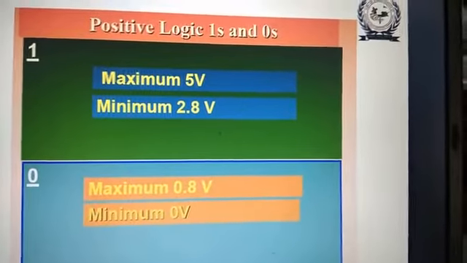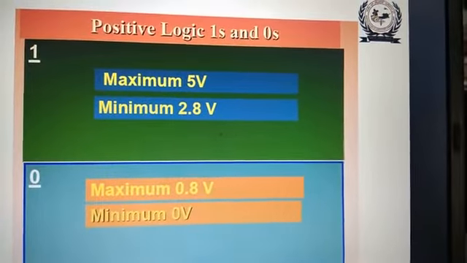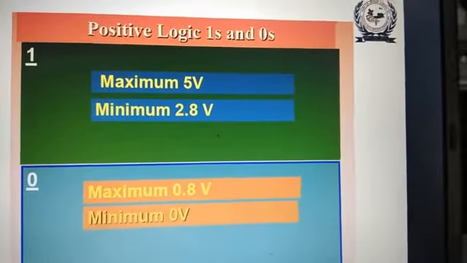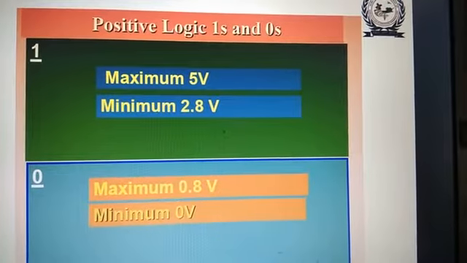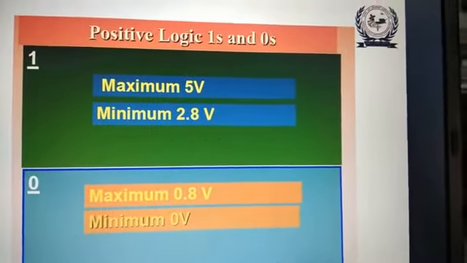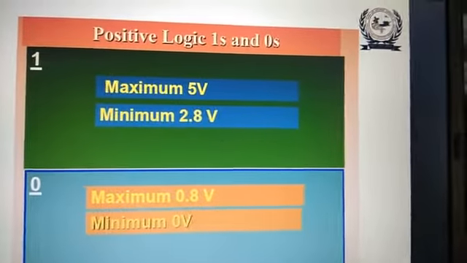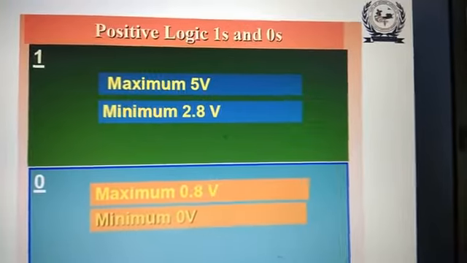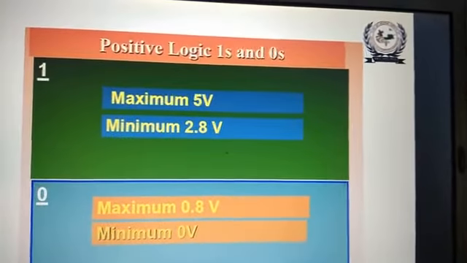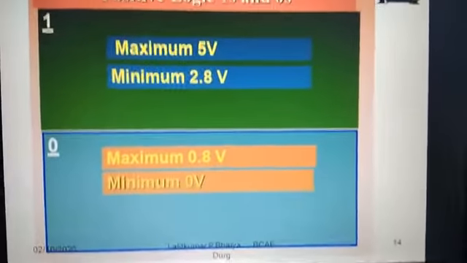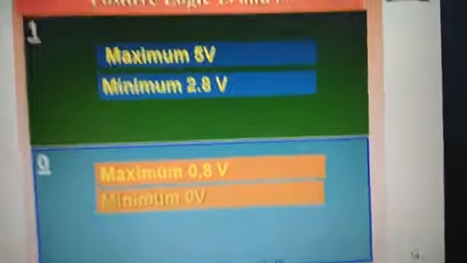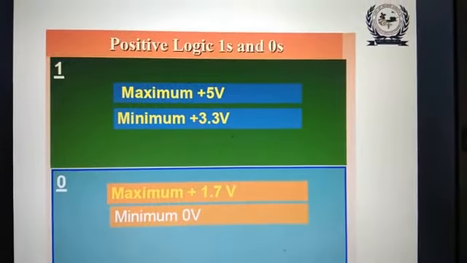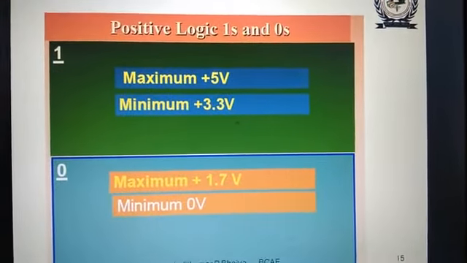So maximum may be 5 volt, and minimum may be 2.8 volt for 1. And for 0 logic, maximum we can consider 0.8 volt and minimum 0 volt. So this is our consideration for logic 0 and logic 1, right? So this is for digital electronics.